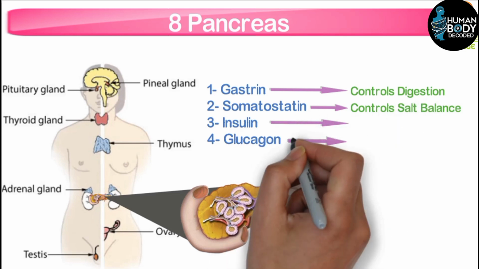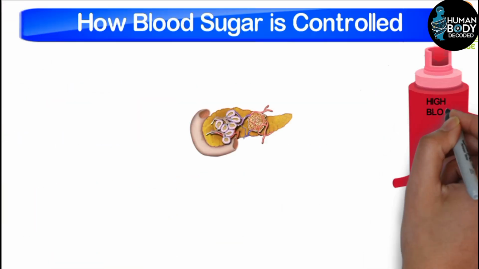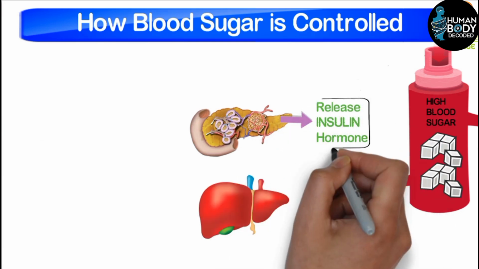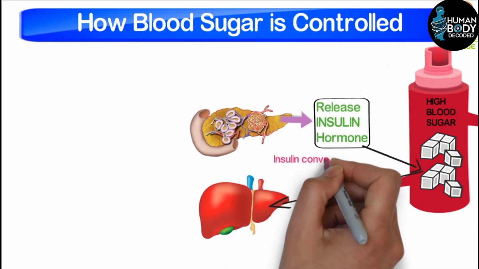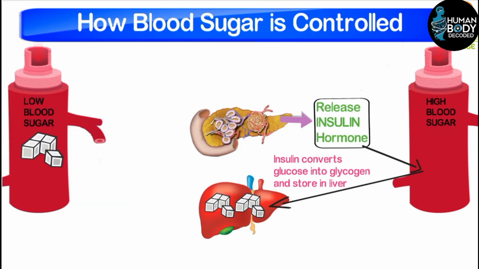Now, if we talk about insulin and glucagon, these two maintain our body's blood sugar. How do they do it? If blood sugar level in our body rises, the pancreas releases insulin. Then what does that insulin do? It converts sugar into glycogen and stores it in muscles and the liver.